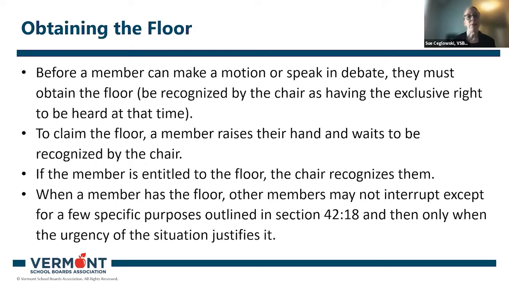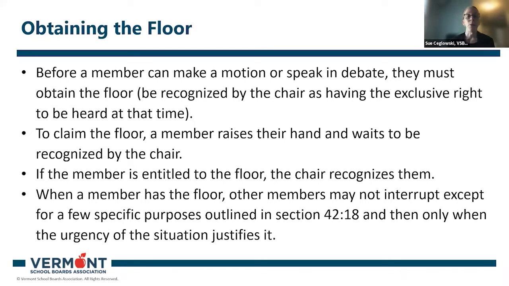So let's talk about obtaining the floor. Before a member can make a motion or speak in debate, they have to obtain the floor, and that involves being recognized by the chair as having the exclusive right to be heard. To claim the floor, a member would raise their hand and wait to be recognized by the chair. If they're entitled to the floor, the chair is going to recognize them.